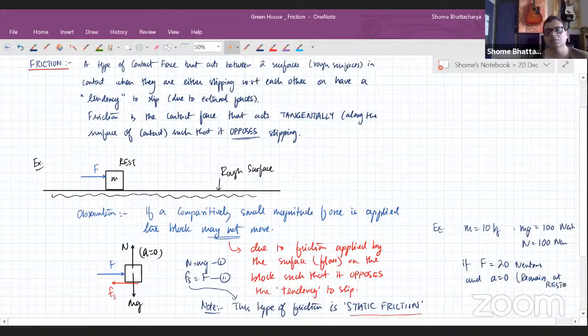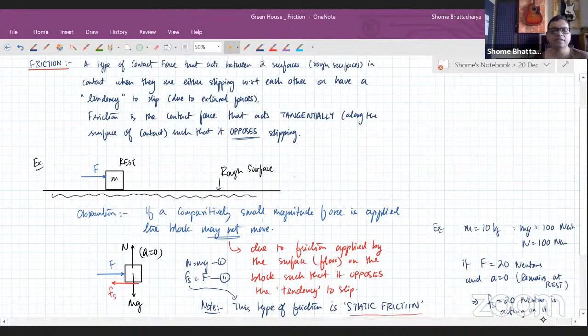Okay, because comparatively the force is less, it's only 20 newtons, and the weight of the block is as much as 100 newtons. So what we are observing from this is that static friction equal to 20 newtons is acting on it. That is the conclusion from this.